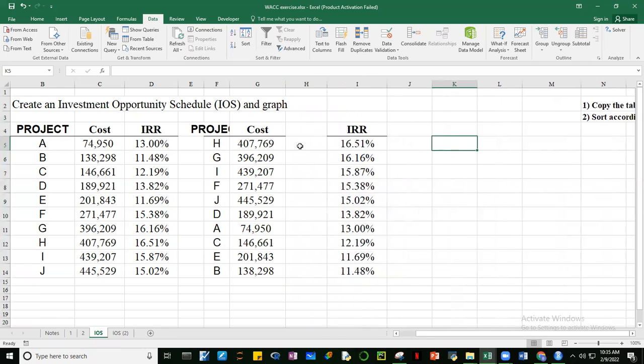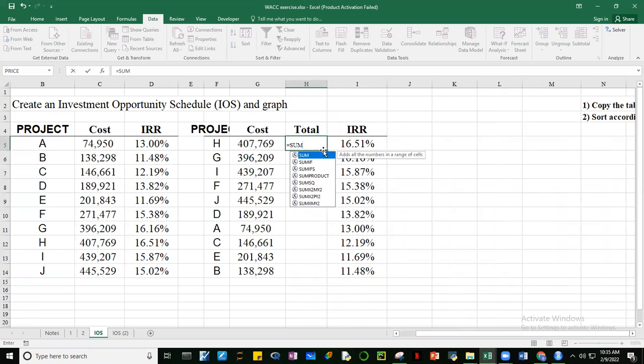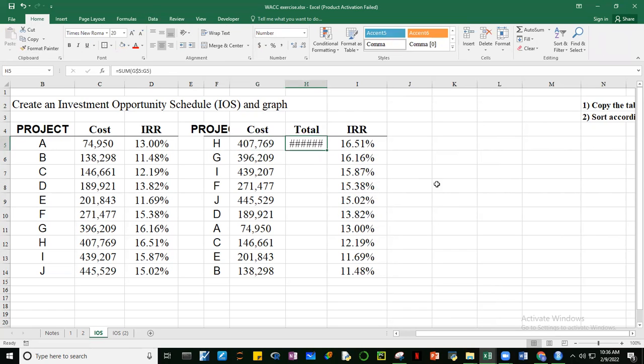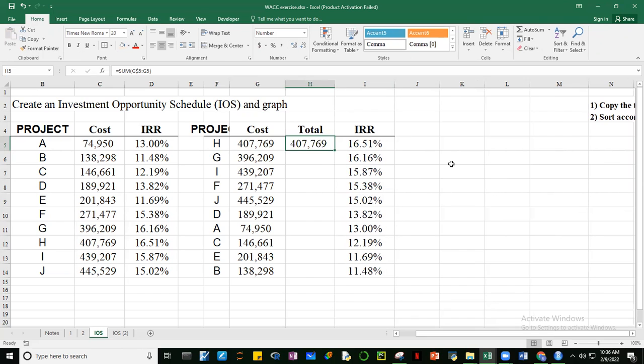I-accumulate natin yung cost. So sabihin natin itong total cost. It's equal to, you remember how to cumulate, guys? Sum of this colon, di ba? Then we fix the row. Copy ko lang, so kukumulate natin ito.